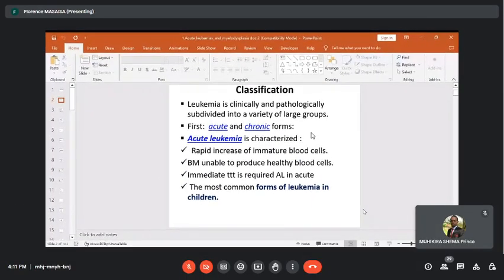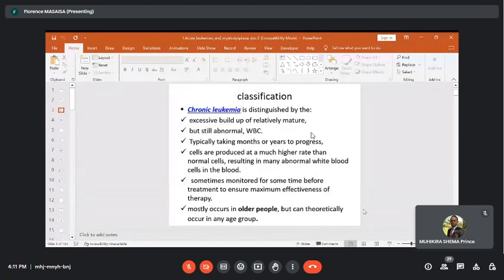Let's go to the chronic form. Chronic leukemia is an excessive buildup of relatively mature cells, but despite being mature, they are still abnormal. The disease takes months to years to progress. The counts are produced at much higher than normal, which results in abnormal white blood cells circulating in the blood.